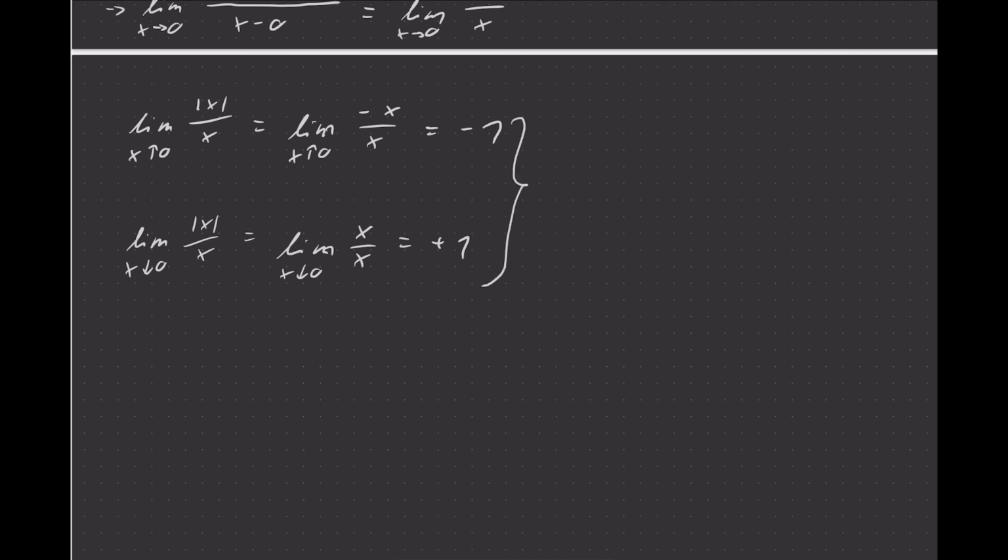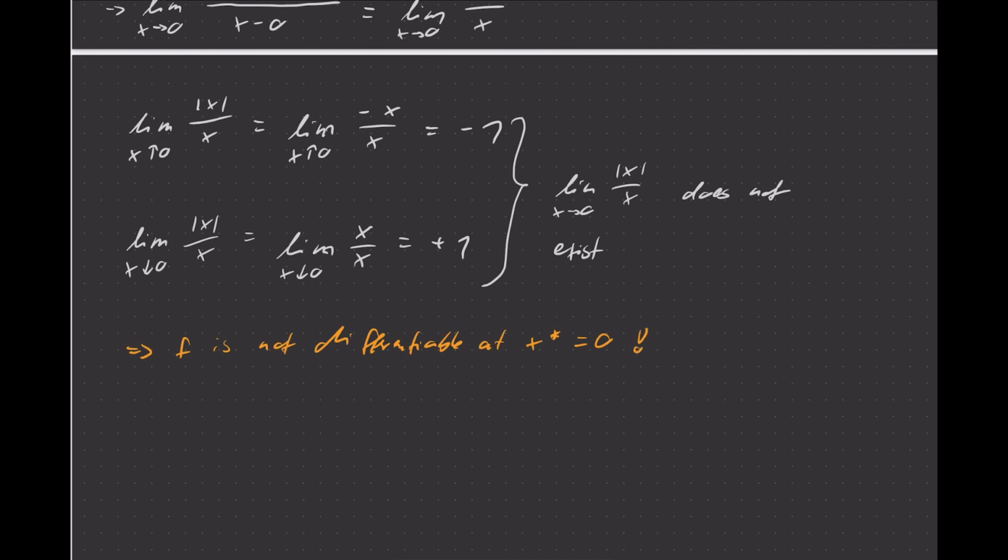So the one-sided limits do exist, but they do not agree. And that means the limit of absolute value of x over x for x to 0 does not exist. And that in turn means the function f is not differentiable at the point x star equals 0.